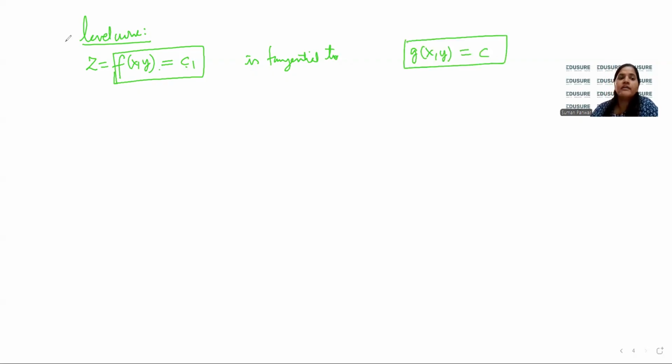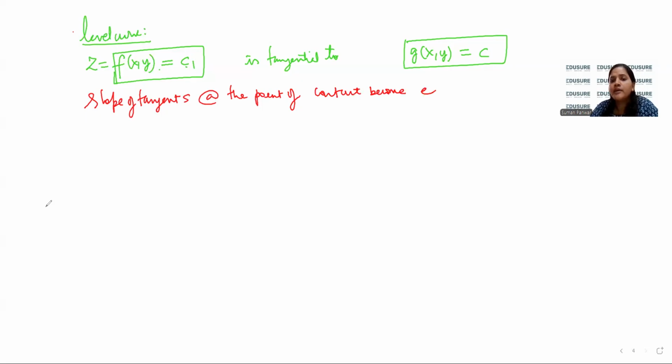So whenever two curves are tangential to each other, basically what is happening is the slopes of the tangents at the point of contact become equal. Okay.